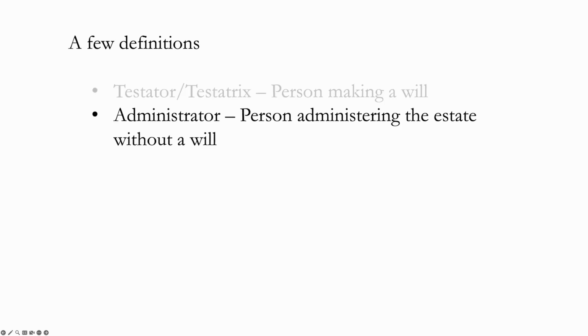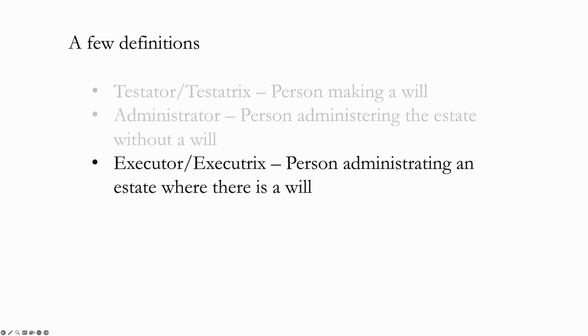Now, if a person does not have a will and they die, the court still has to process the distribution of the property. And that was the intestate type of situation. And then the administrator is appointed. And these terms have been around for a few hundred years and go way back into the Latin.